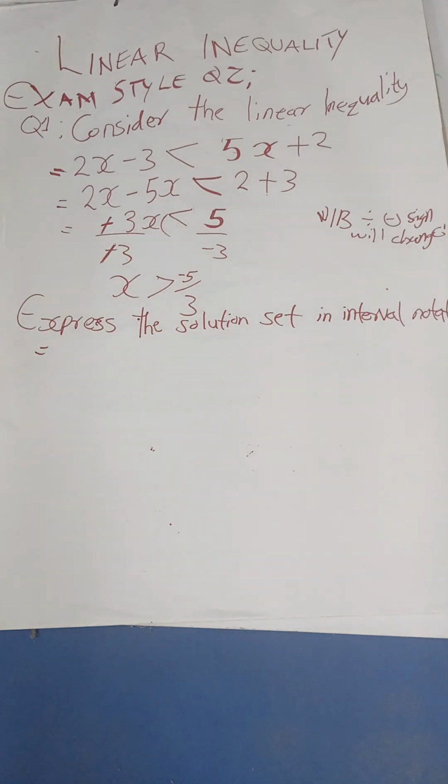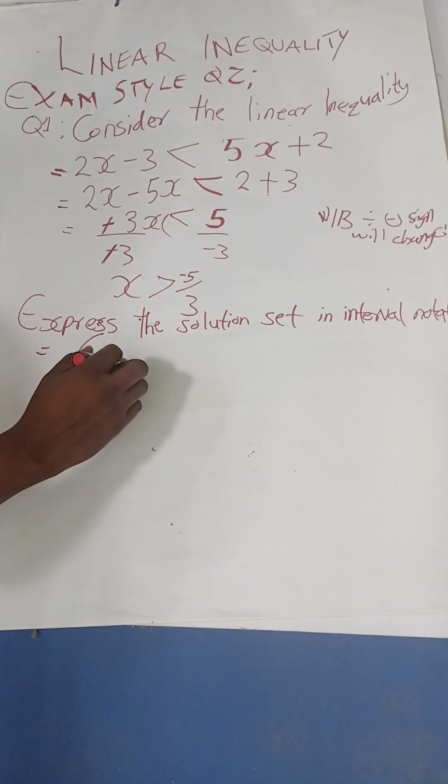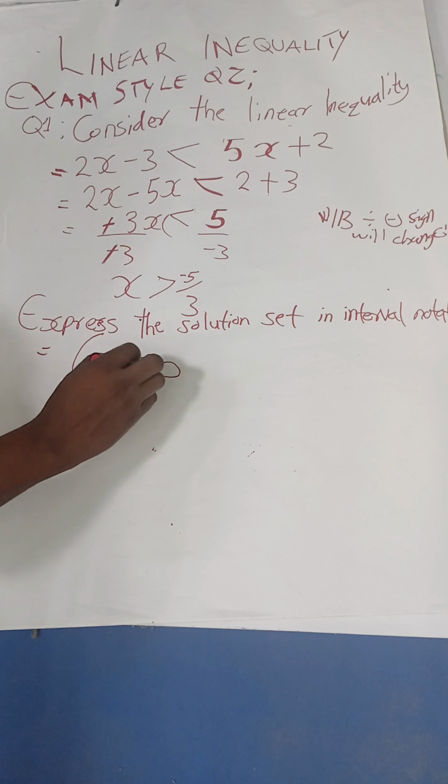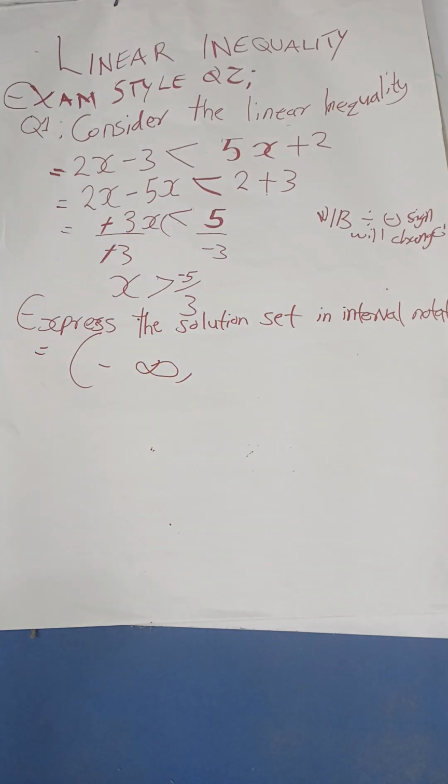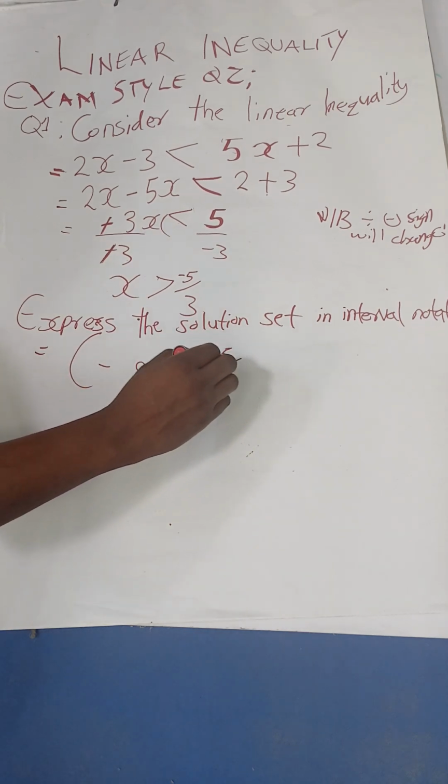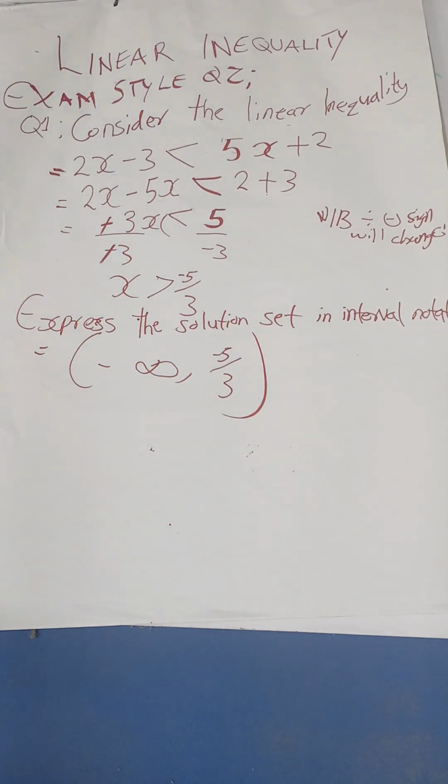Because this is just a single inequality, it will be simple. You can just write negative infinity and a comma, then -5/3. This will be your answer.